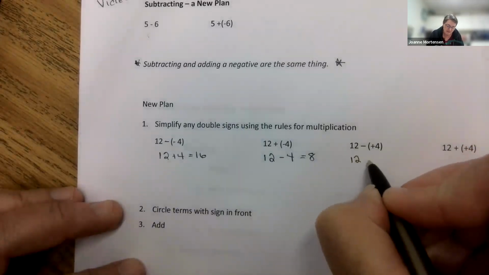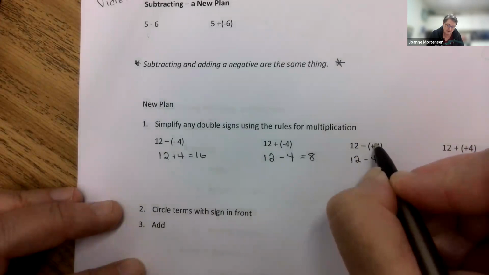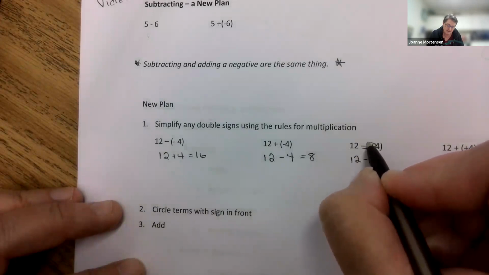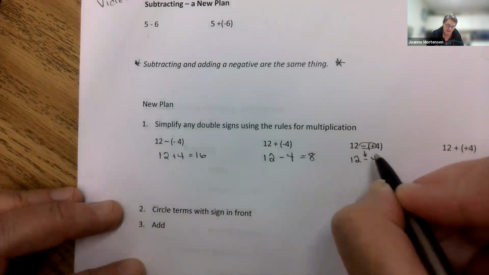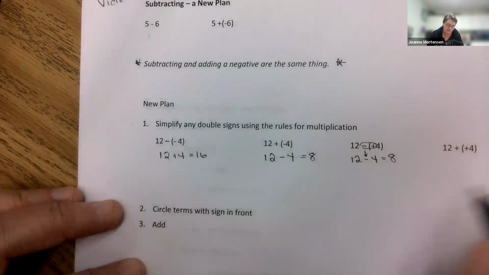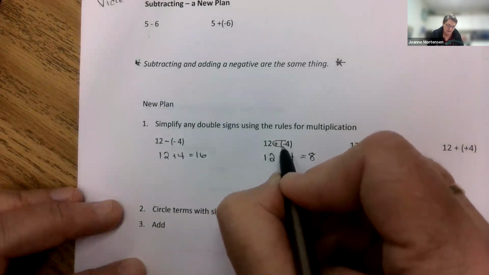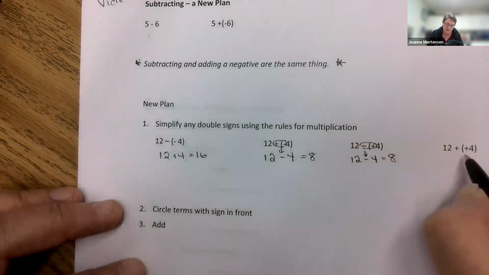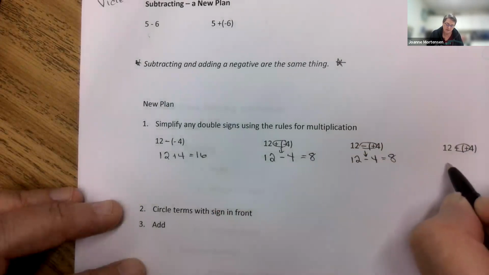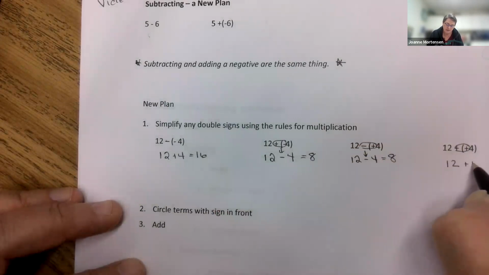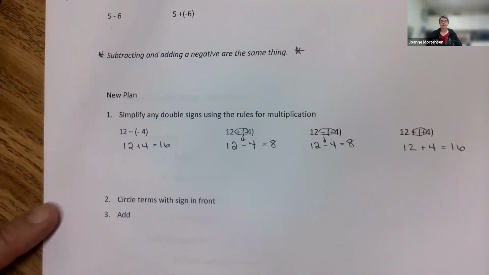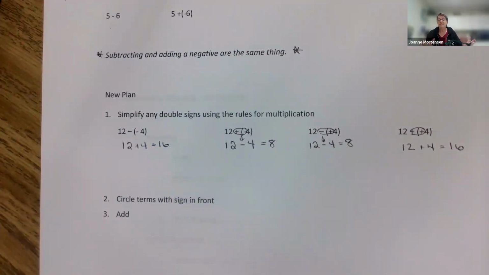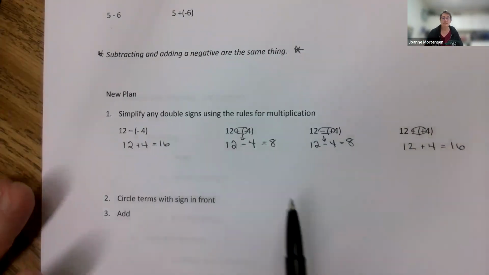Signs aren't matching, so it goes to a negative. Signs are matching, it's a positive. And there's only 4 possibilities. Those are the only ways I can write that.